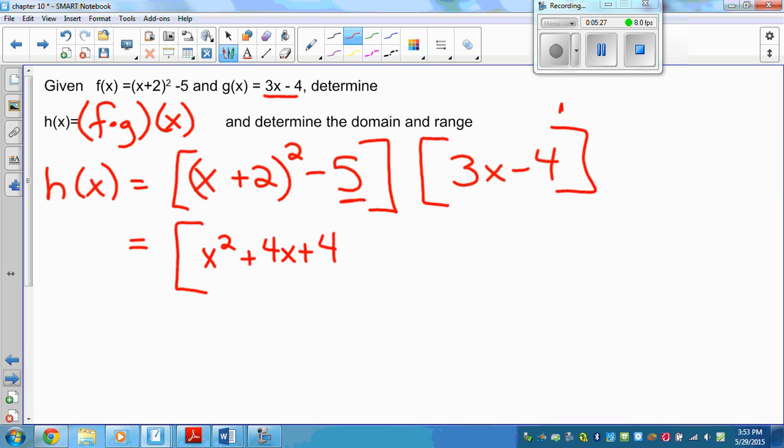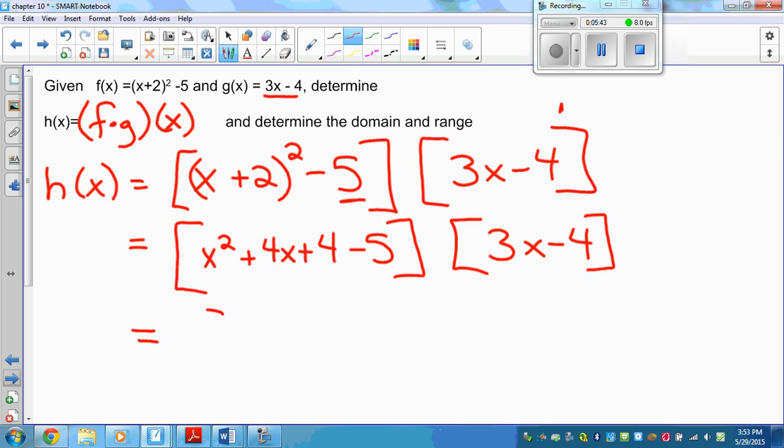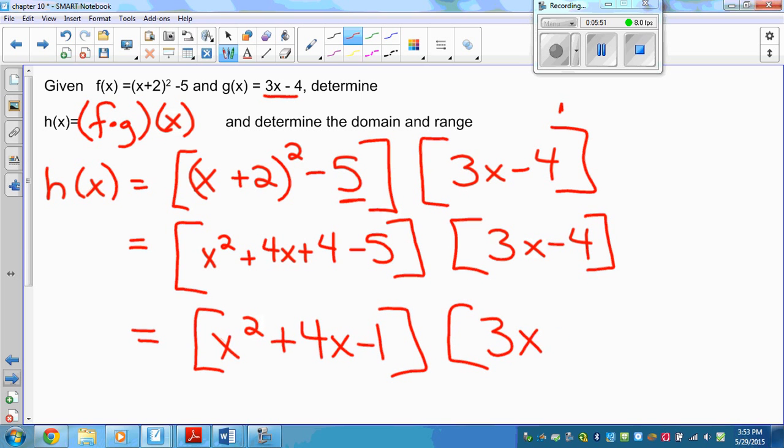And then I still have this minus 5. I'm going to multiply that by 3x minus 4. If you'd like to do the multiplying by yourself, you can pause and keep going, or if you want to follow me, you can follow with me. Okay, this becomes x squared plus 4x minus 1, and I'm multiplying that by 3x minus 4.